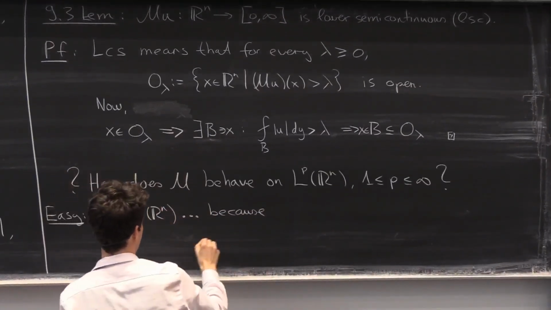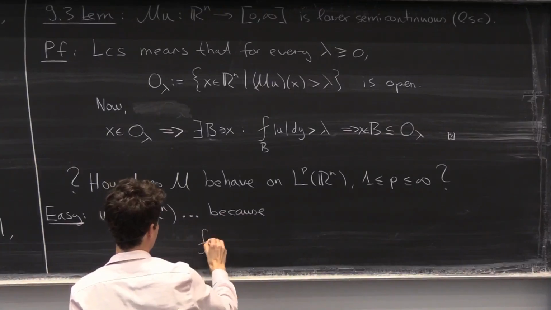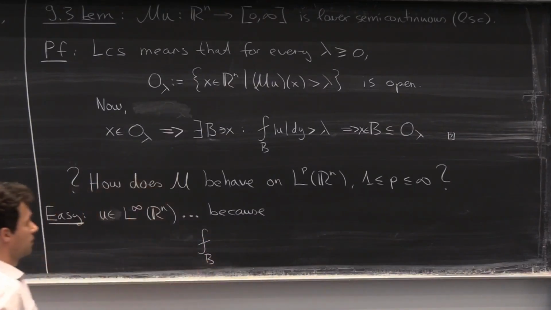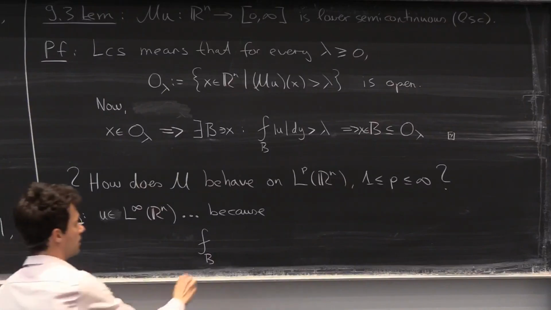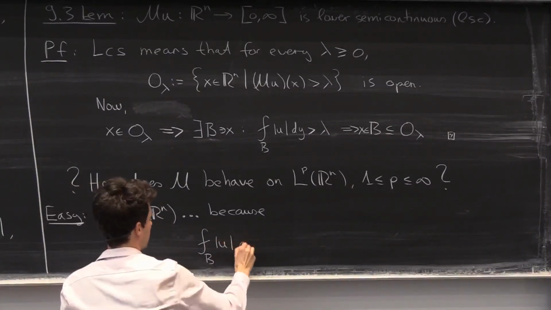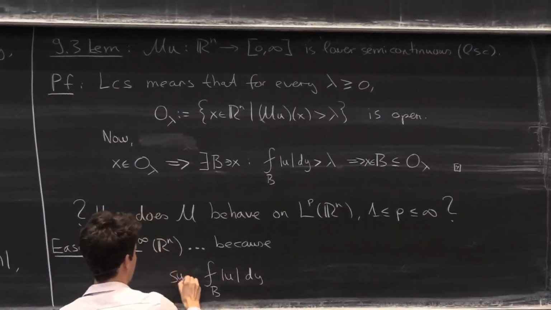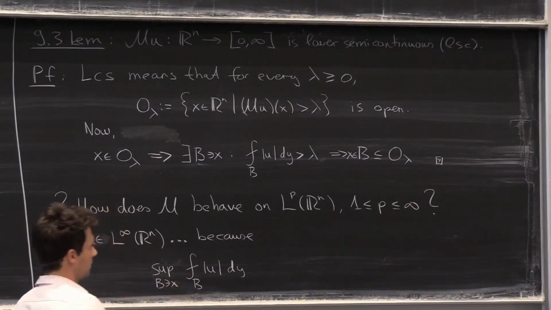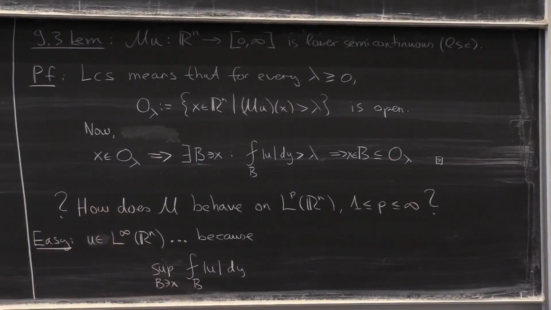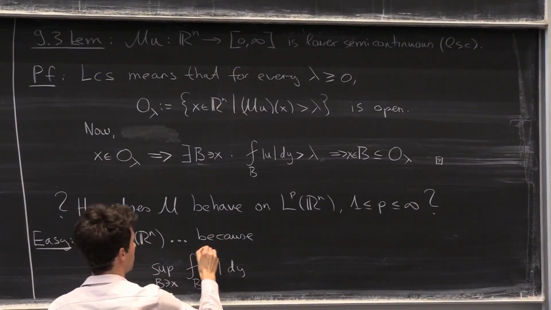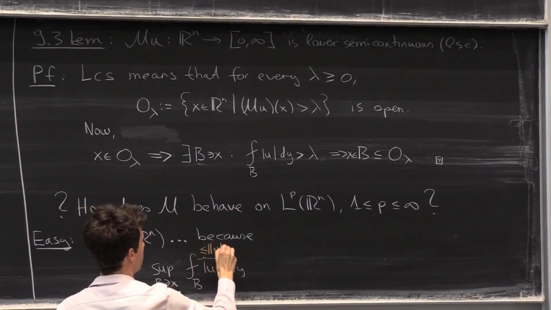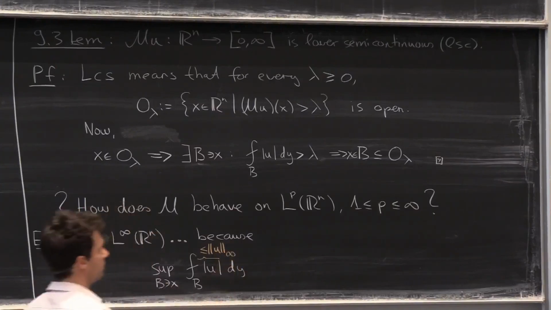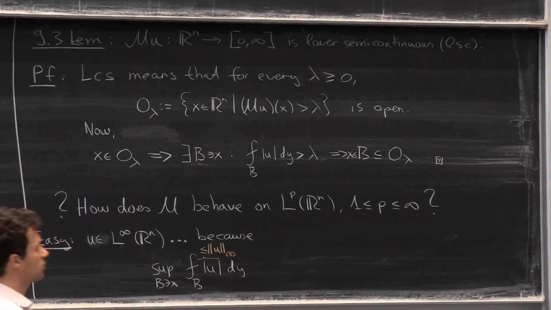I take any average on a ball B that contains x. On this ball B, because u is essentially bounded, I know that the absolute value of u is less than the constant, the u L infinity norm, almost everywhere.